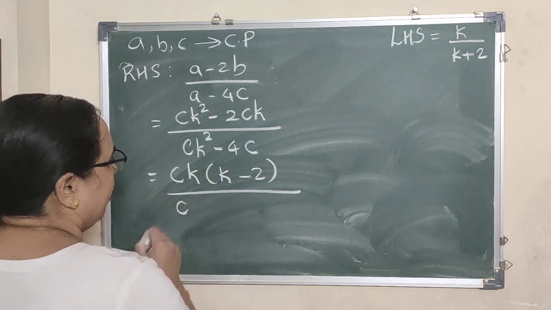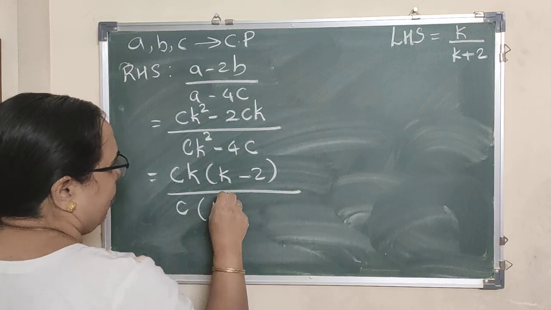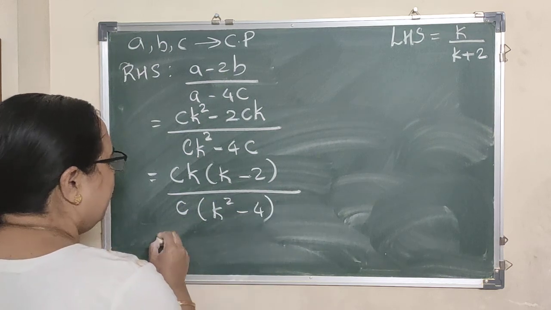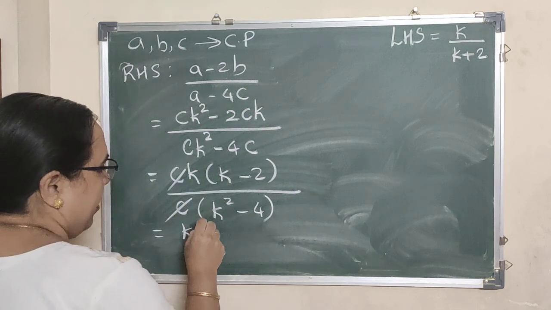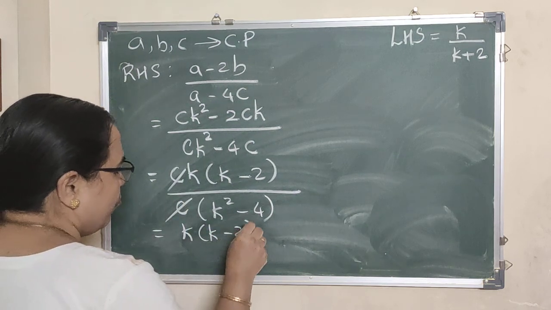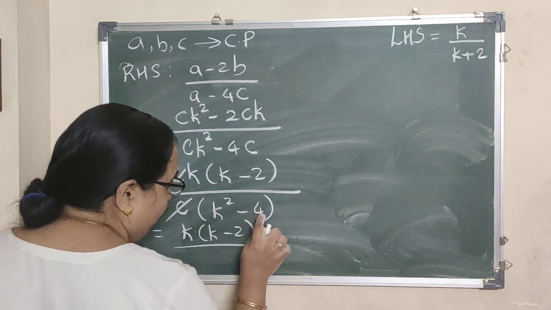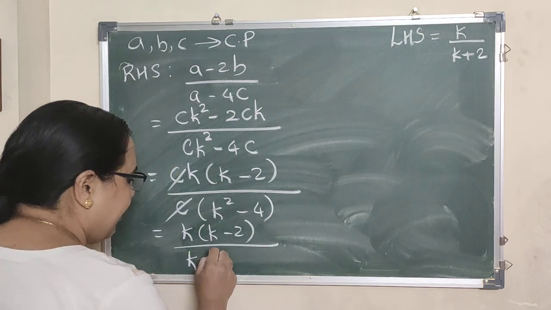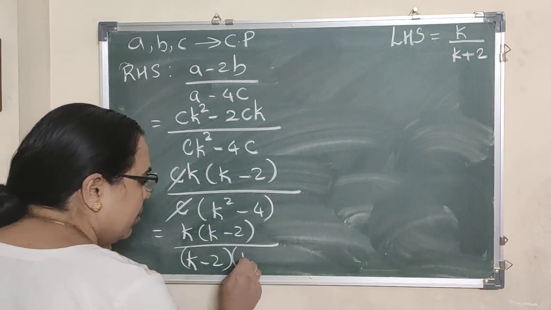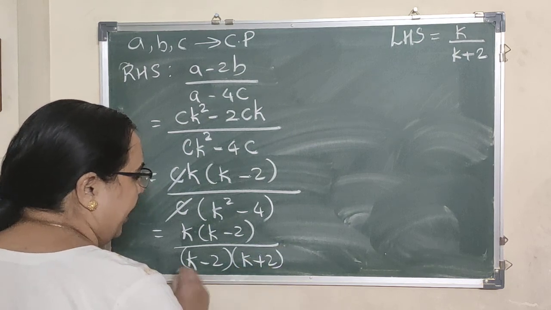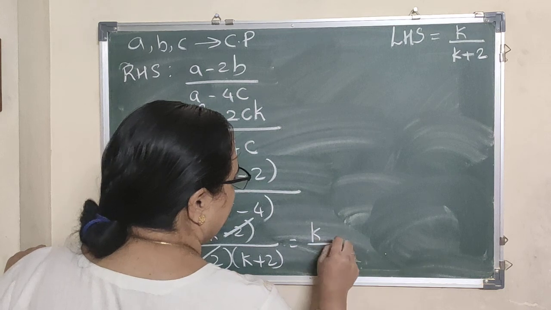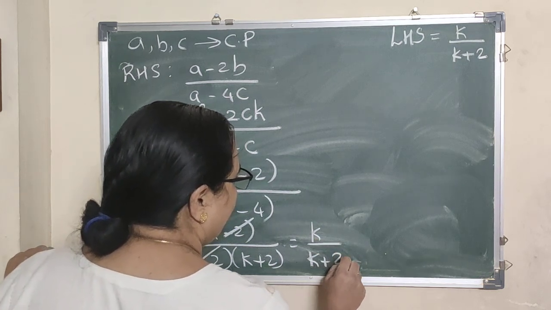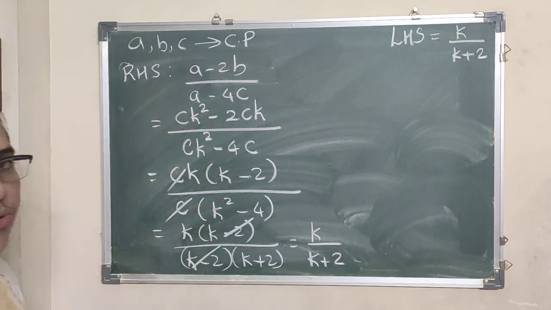What about the denominator? Only C is common, K square minus 4. C cancels. K into K minus 2 upon K square minus 4. I can write this as K minus 2, K plus 2, right? So again these two terms get cancelled. So my RHS comes to K upon K plus 2.